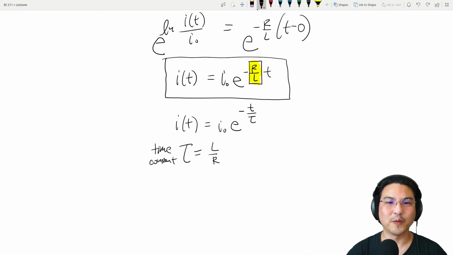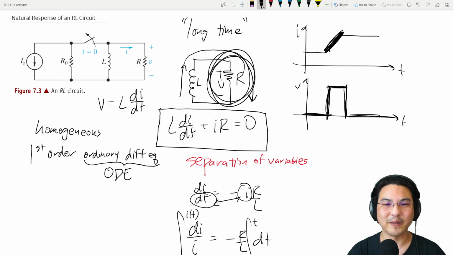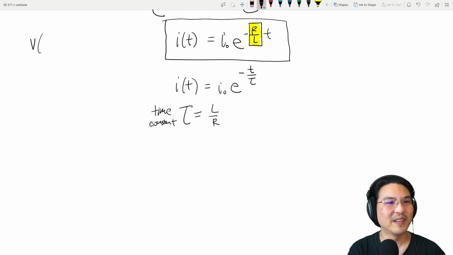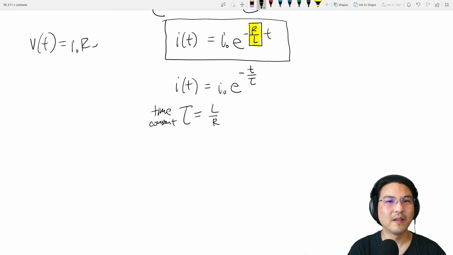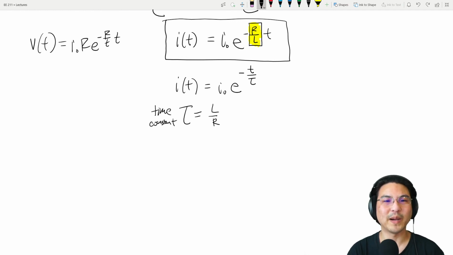Okay, and for the resistor here, if we now know the current, what's the voltage? Ohm's law, right? Just use Ohm's law. So the voltage, let me just write it on the side over here. Just I R. So just that times R. Okay, so there's the voltage across the resistor. What about the power?